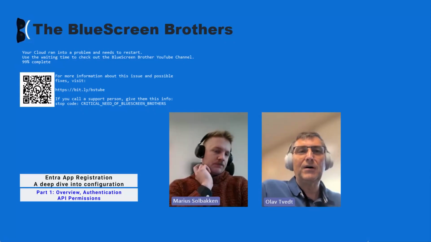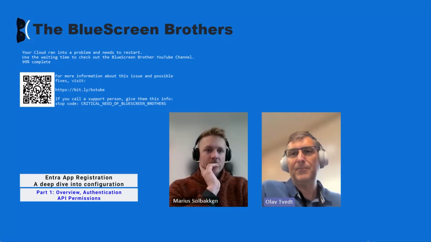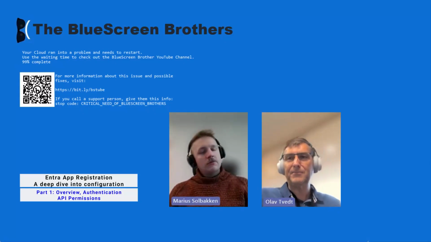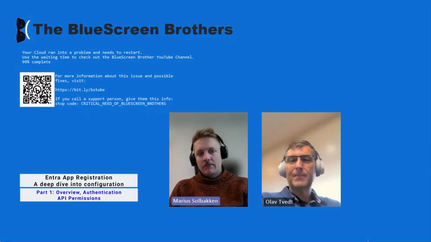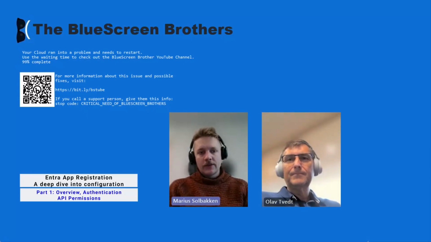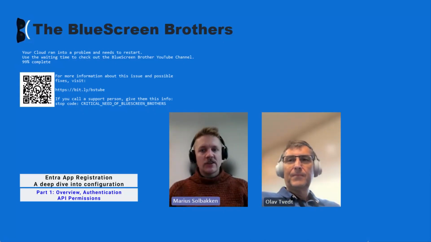We are going to dive into app registration by starting to see what it is, how it works, and some examples. We're going to try to dive into all the different settings in an app registration and on the enterprise application level as well. But now first on the app registration level.